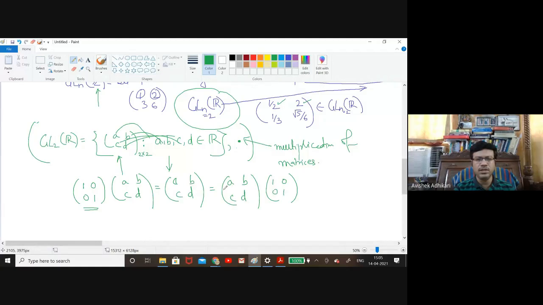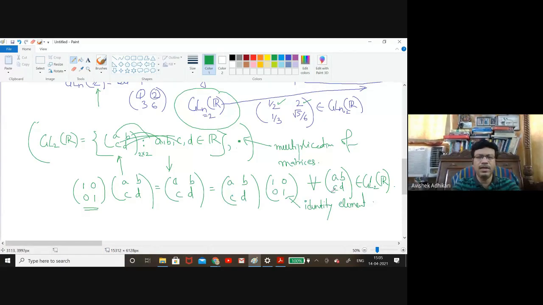So this is true for all A, B, C, D belonging to GL2R. Sorry, this is the identity element.